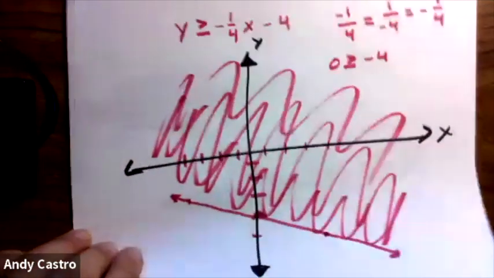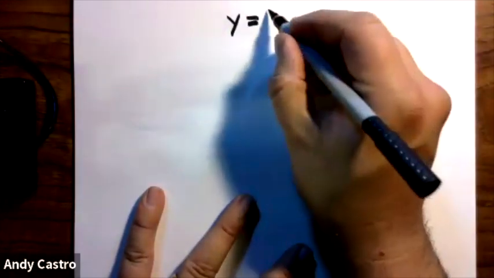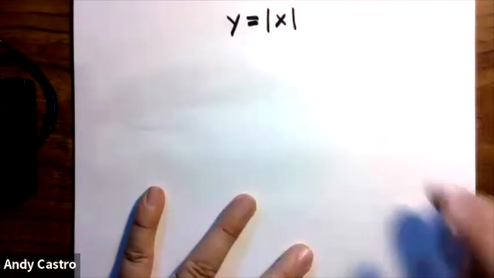All right. Now let's move on to graphing absolute value equations. Okay, so let's start out with a real basic one. y is equal to the absolute value of x.